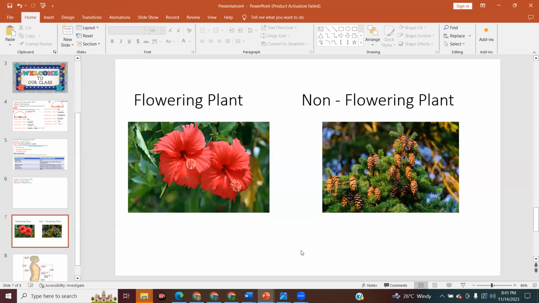Ferns. Ferns, yeah. Anything else? Mosses. Mosses, okay.